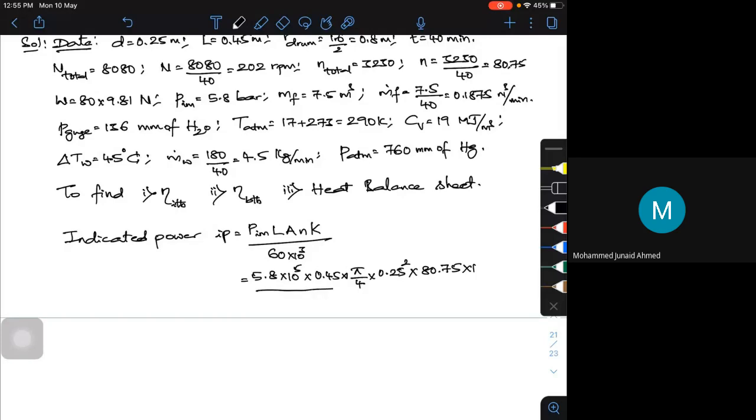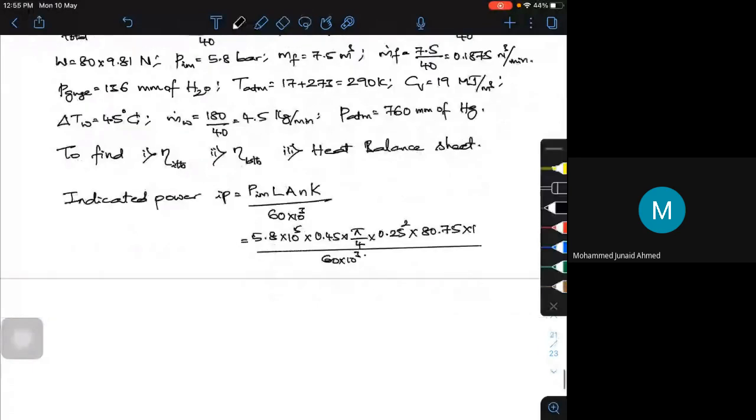I am getting around 17.25 kilowatts. This is your indicated power.